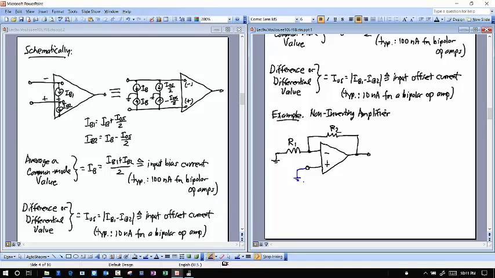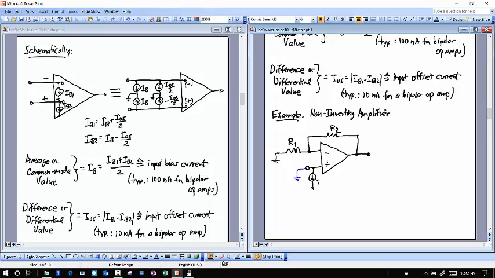And if we ground that input, we expect our output voltage V0 to be equal to 0. However, because this is now a non-ideal amplifier, where everything else is ideal except for the bias current, we're going to model our bias current.